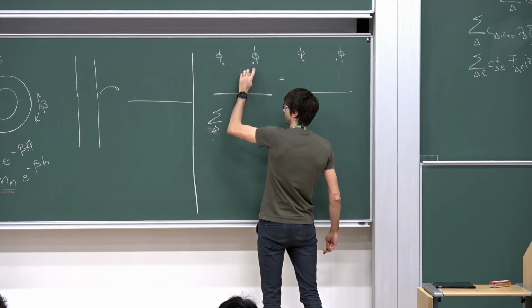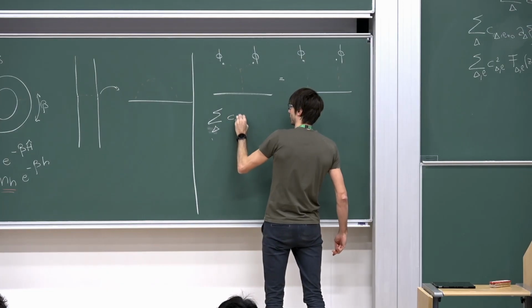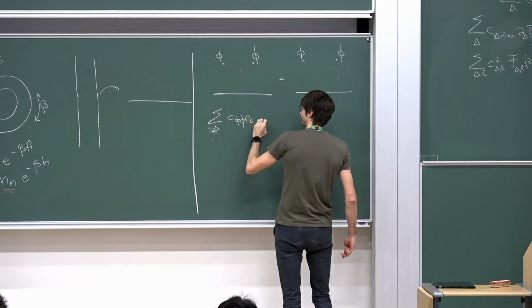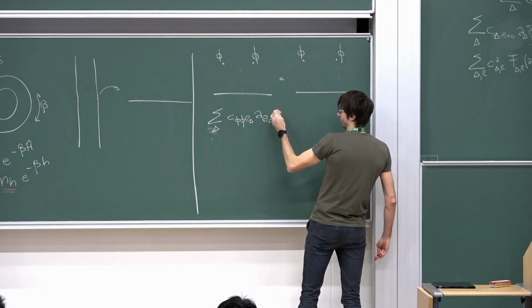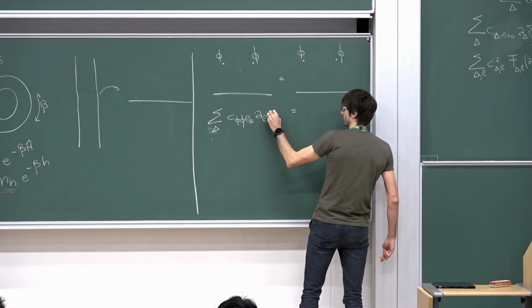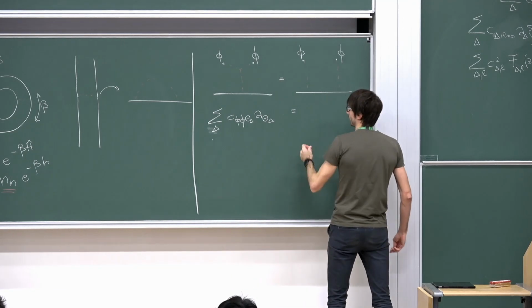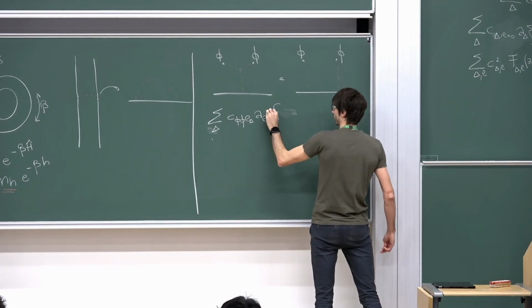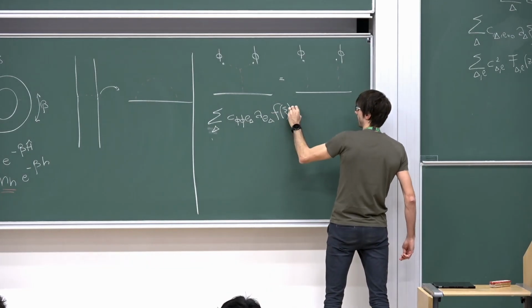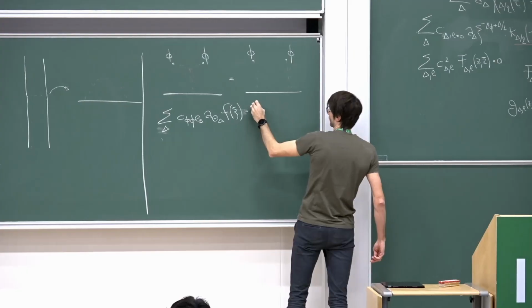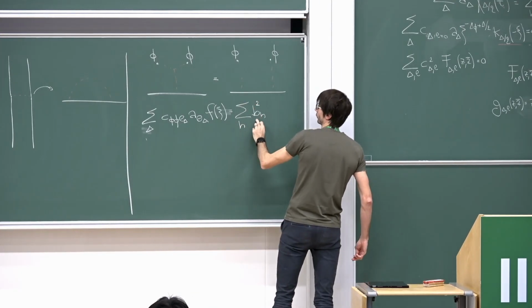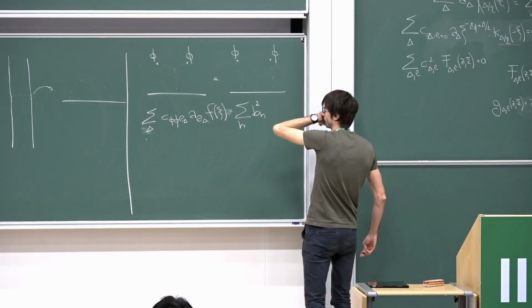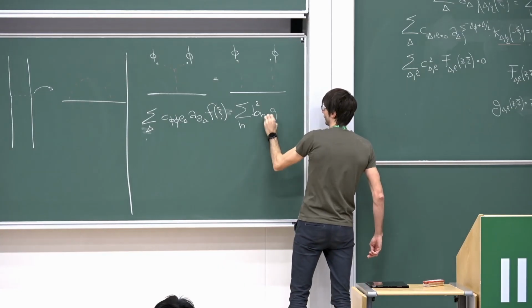And then this three-point coefficient, phi, let's say O delta, and then the one-point function, corresponding with some function, some kinematics, that, let me just say, is a function of a cross ratio that I'm calling psi. And then on the other side, instead I do first a boundary fusion, so I get the sum over boundary operators, and then I get twice the square of the boundary OPE coefficient that I had there, times some other function.